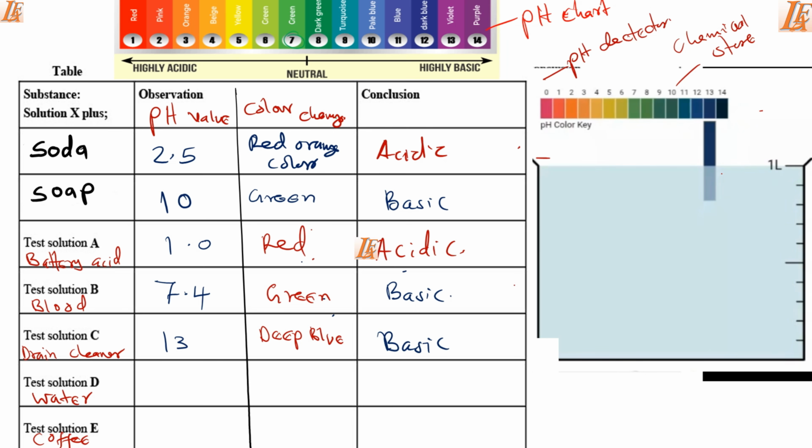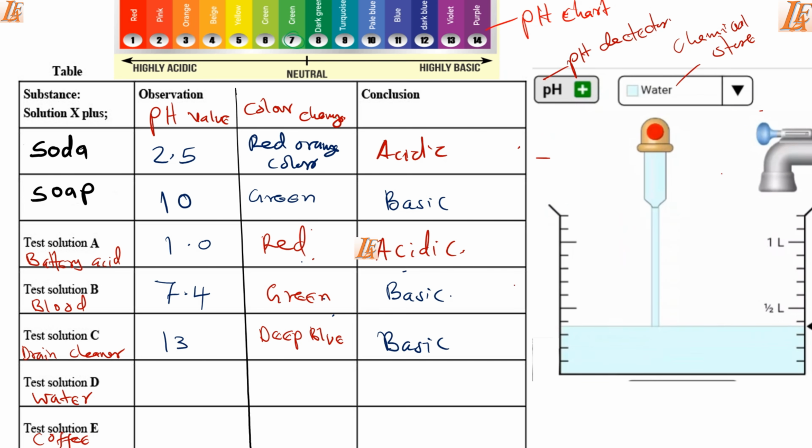Then we can now introduce water and then see what happens. If we introduce water, like you can see from our chemical store, and we dip the pH detector, the pH is going to be 7.0.